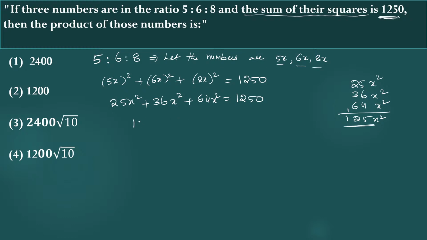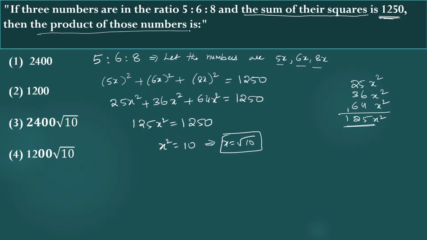So 125x square is equal to 1250, so x square is equal to 10, and x is equal to root 10. What is the question asking? The product of those numbers.